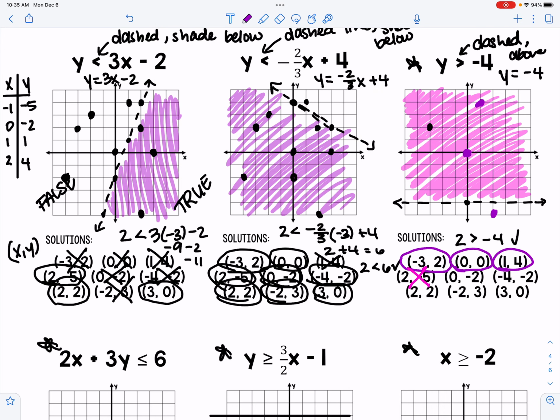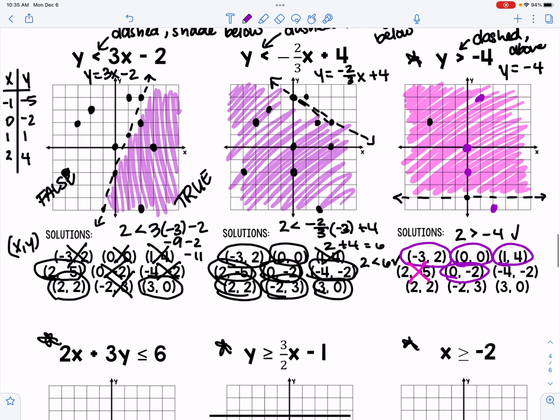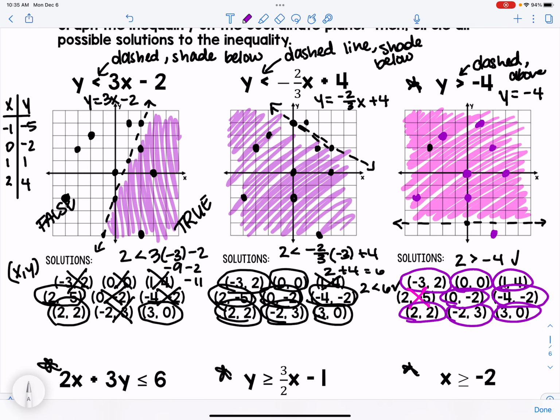All right, 0, -2 is still in the shaded area. -4, -2 is still in the shaded area. 2, 2, shaded area. -2, 3, still shaded. And then we have 3, 0 is also shaded. So we only had one that was not part of our solution, and that was that first homework problem.